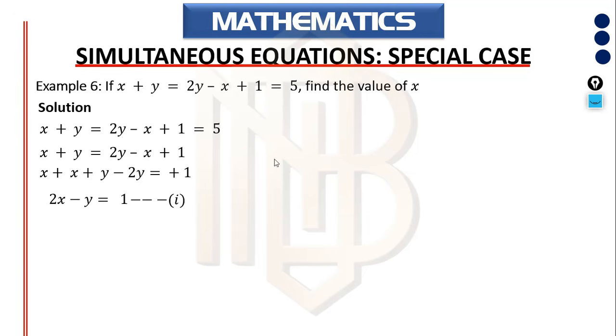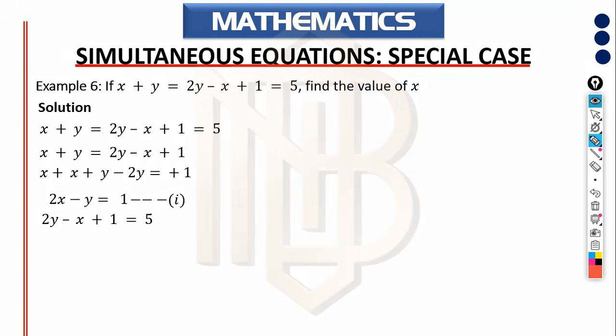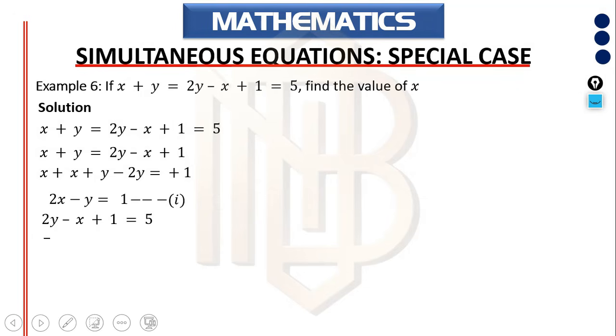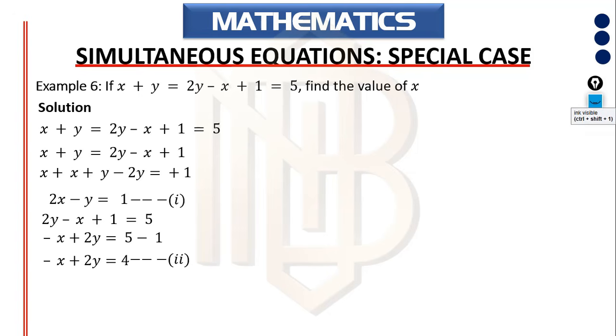For the other equation, 2y minus x plus 1 equals 5, if you collect like terms, you should have minus x plus 2y equals 5 minus 1. So minus x plus 2y equals 4. That should be our second equation.